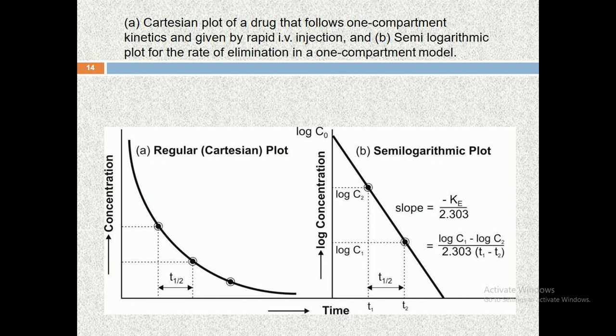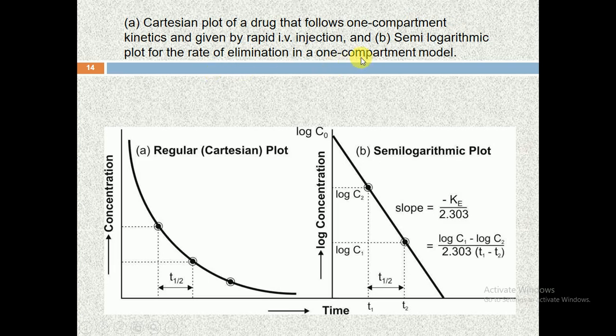Let's see here, this is the graphical representation, concentration with time. The Cartesian plot of a drug that follows one compartment kinetics and is given by rapid IV injection, with the semi-logarithmic plot for the rate of elimination in a one compartment model.